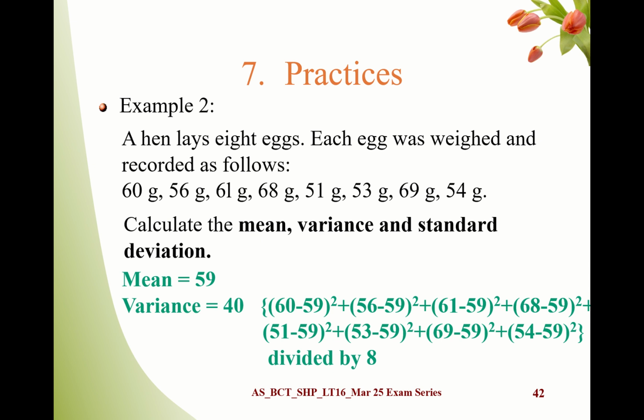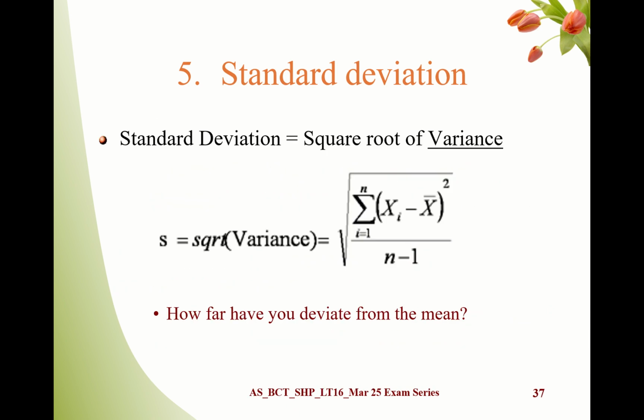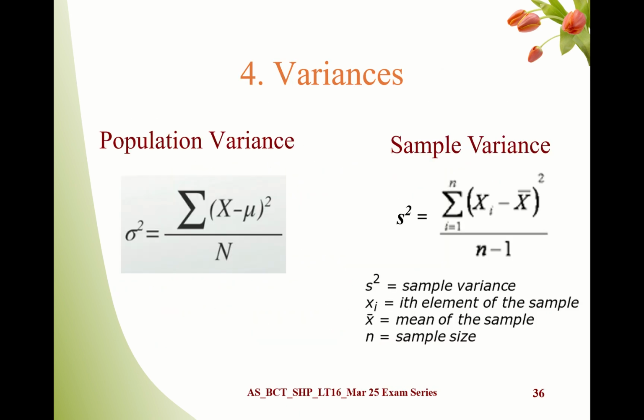For those of you who are very sharp, if you see the formula, population is divided by n, sample variance is divided by n minus 1. Just now you have 8 data, so we divide by 8. Why not divide by 8 minus 1, which is for a sample?